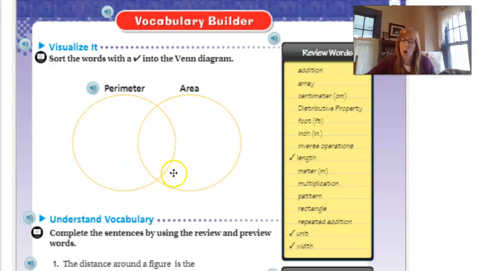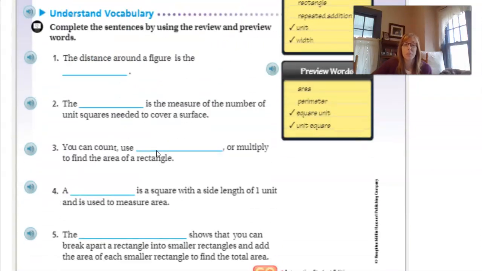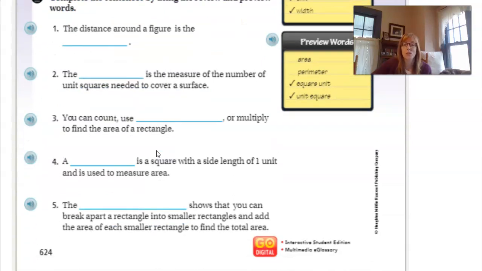This would be only subject to the area, whereas where they overlap, that's where both perimeter and area share these qualities. So a unit goes in perimeter, square unit goes in area, unit square goes in area, and then in the center, they share length and width, okay?